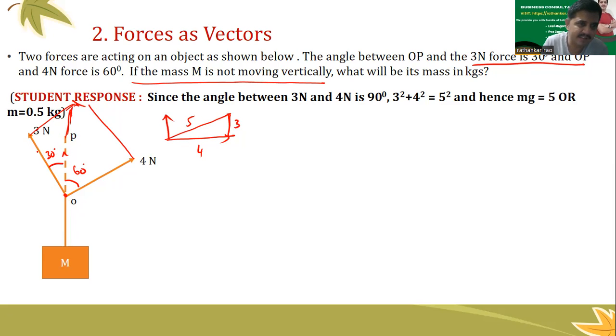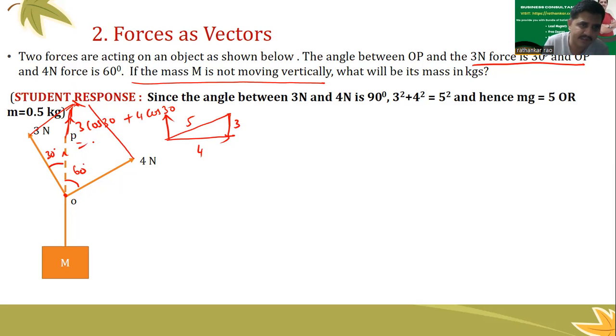So here, this is 3 Newton. The component of this vector along this direction is 3 cos 30. The component of 4 Newton along the vertically upward direction is 4 cos 60. This is the total force acting upwards.